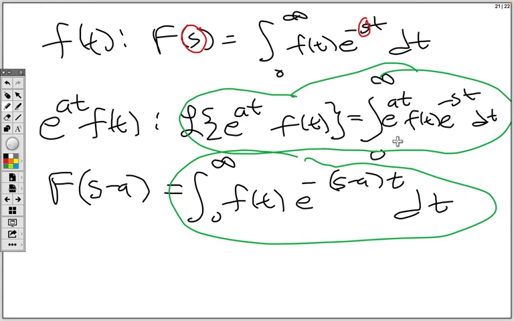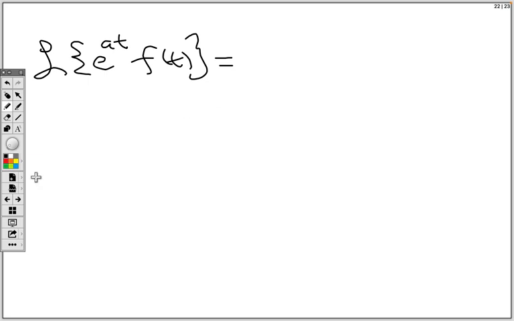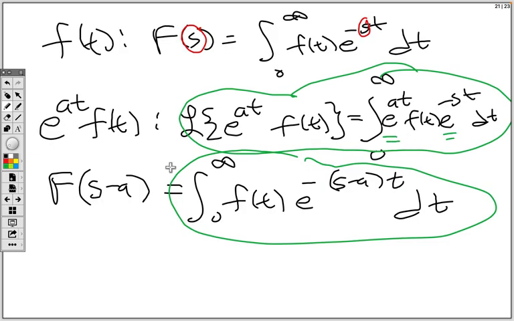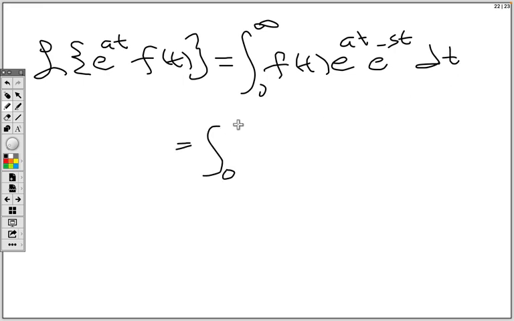And the answer is yeah, because look, I got exponentials there, right? So let's take a look at this. So the Laplace transform of e to the at f of t equals the integral from 0 to infinity. I'm just going to write the exponentials next to each other because everything's multiplied. And then I'm just going to factor out a minus t.